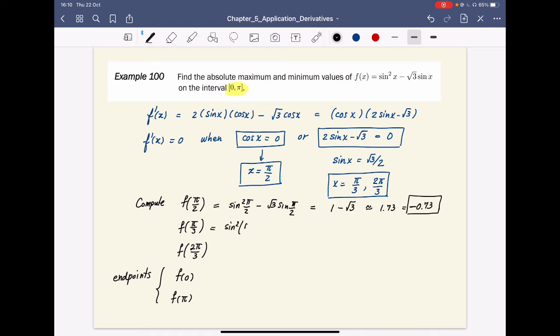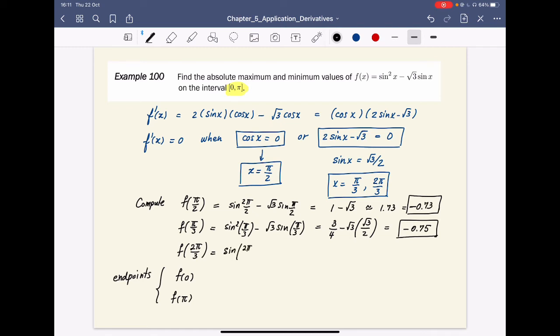So we're going to do the same thing. We just change pi over 2 to pi over 3. So sine pi over 3, this is square root 3 over 2, which you square it, so you get 3 over 4. And then minus square root 3 times sine pi over 3, which is square root 3 over 2. So at the end, you get 3 over 4 minus 3 over 2. This is going to be negative 0.75. And then f 2 pi over 3.